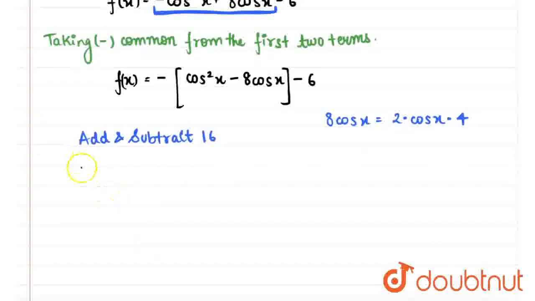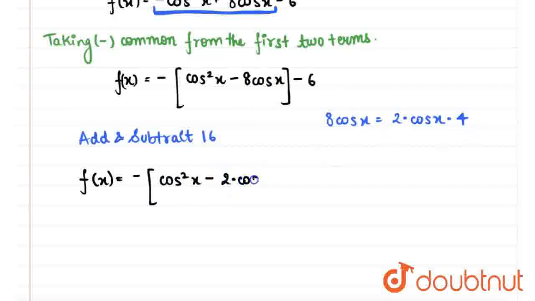So if we make it a perfect square, we have f of x is equal to minus of cos square x minus 8 cos x written as 2 into cos x into 4, and we'll add and subtract 16, plus 16 and minus 16, bracket close, and minus 6.